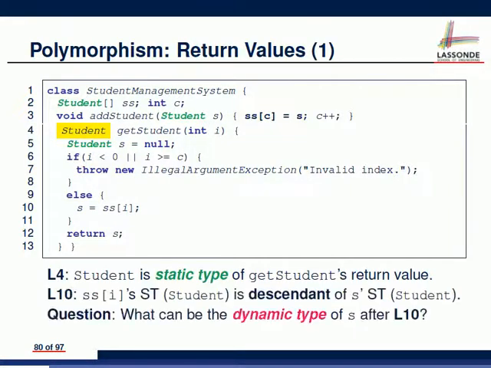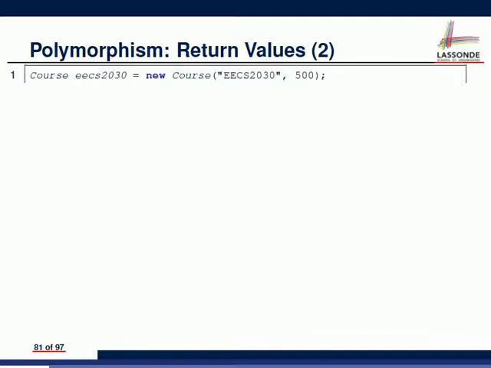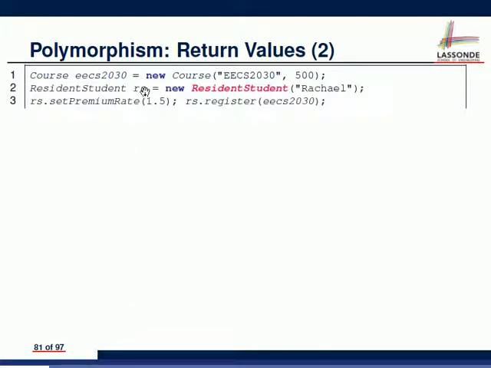Let's see how that's going to occur. Now I'll draw you some diagram. So what's the dynamic type of S after line 10 in this case, right? It can be all the descendant classes, but let's see how. Let's try this. We have a course over here, 2030, and then we have RS with dynamic type.